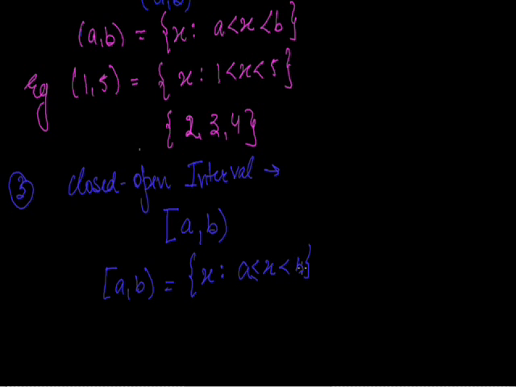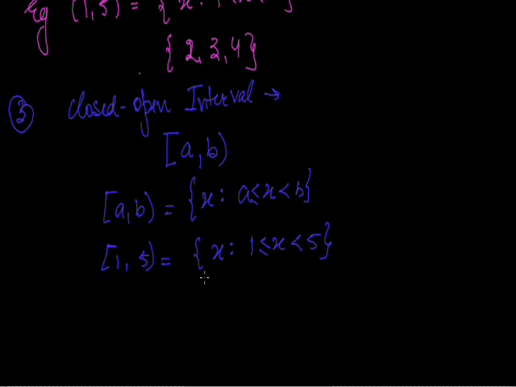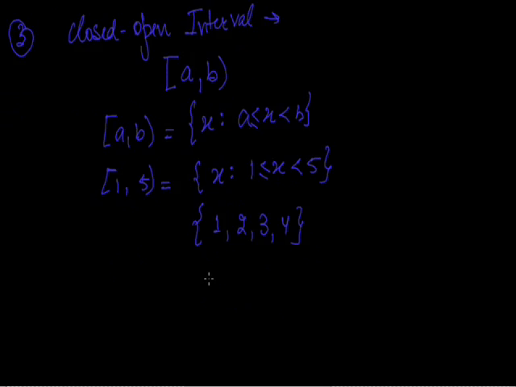If we take an example [1, 5), we will write x as 1 is included, so x is greater than or equal to 1 and less than 5. How will we write it in the roster form? 1 is included, so we will take 1, 2, 3, 4, but 5 will not be taken. So it is called closed open interval.